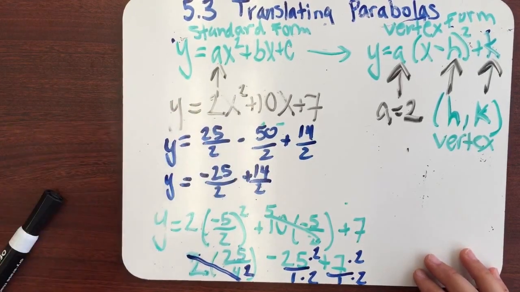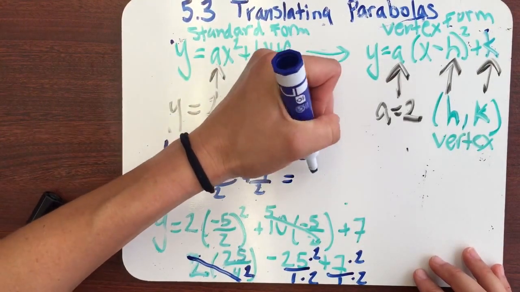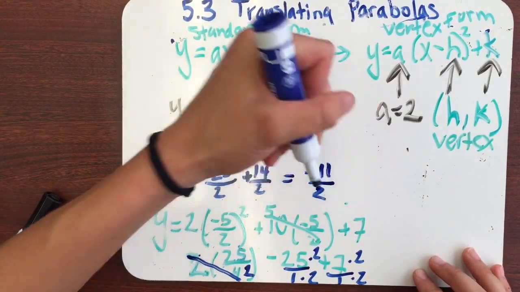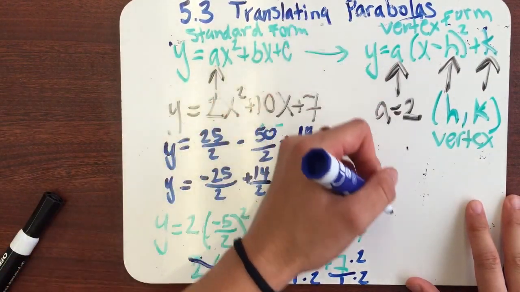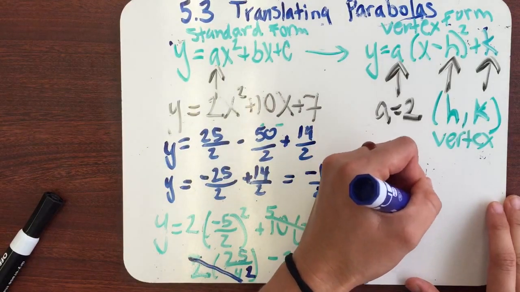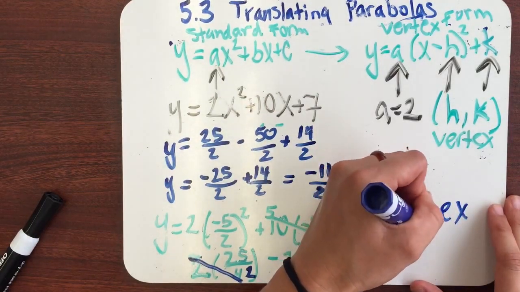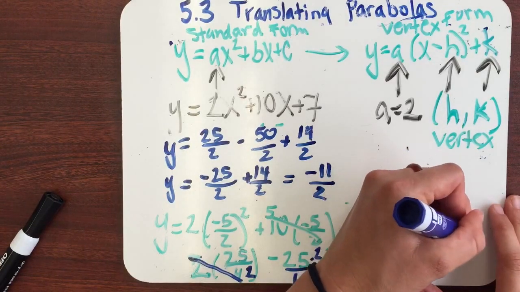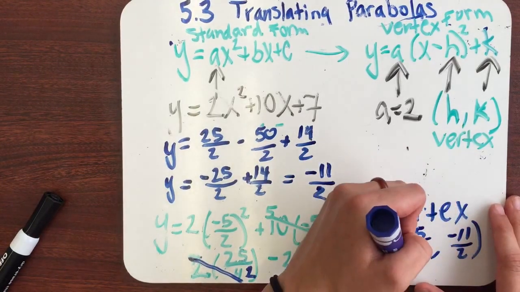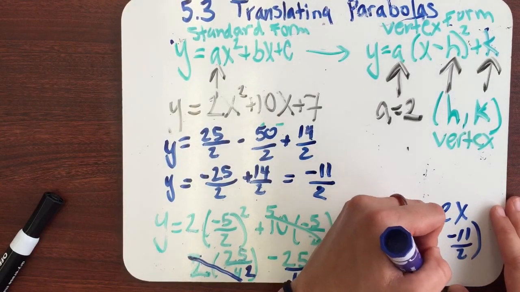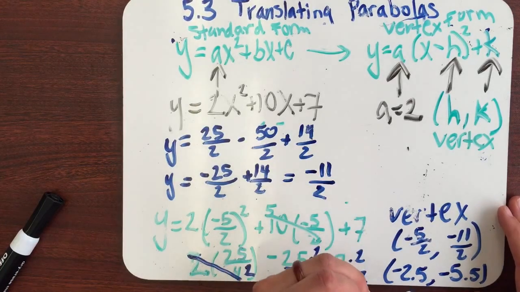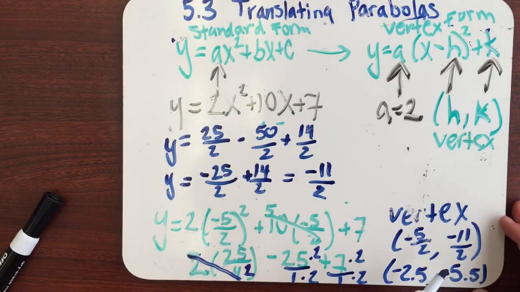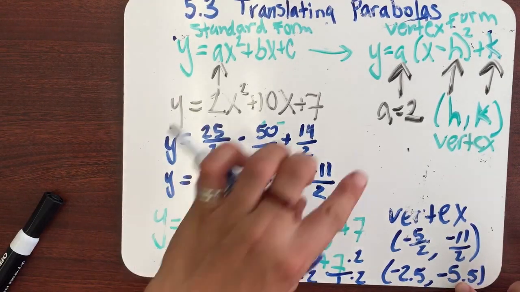Negative 25 plus 14 is going to give us a negative 11 over 2. So now we found that the vertex of this is negative 5 over 2, negative 11 over 2. Or you can also write it as negative 2.5, negative 5.5, because half of 5 is 2.5 and half of 11 is 5.5. So now we know h, k, and a.